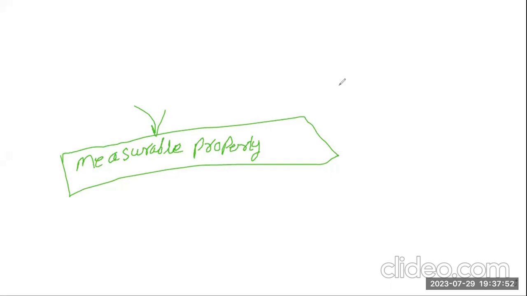Okay. Anyone else? Think and tell. It is already discussed in lecture. What are the other measurable properties? Deposition of elements on cathode. Okay, it is also a measurable property.